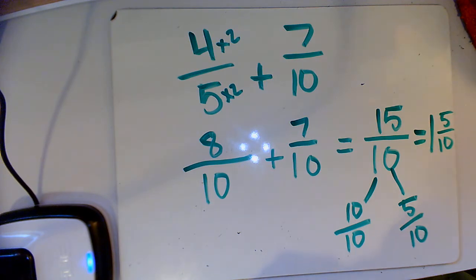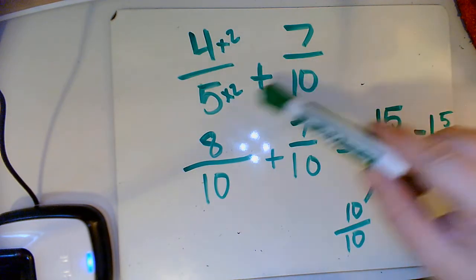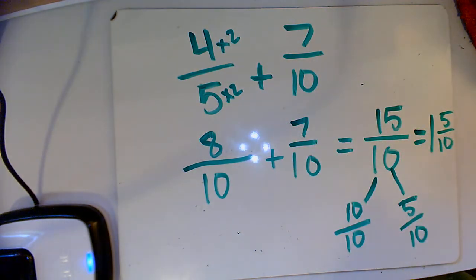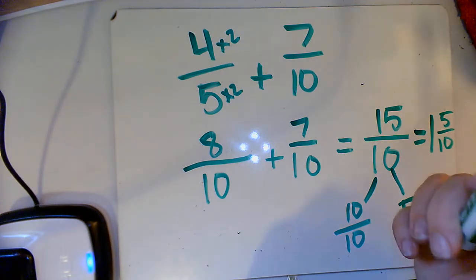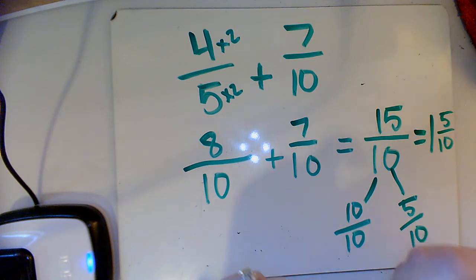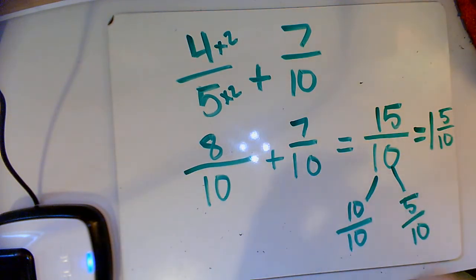Okay, so the visual model isn't a necessity for you guys to solve these. If you can find that relation and figure out what you need to multiply by, then that's, to me, easier if we just do the math. Okay, but the visual models will help you see what's happening when you're doing that.